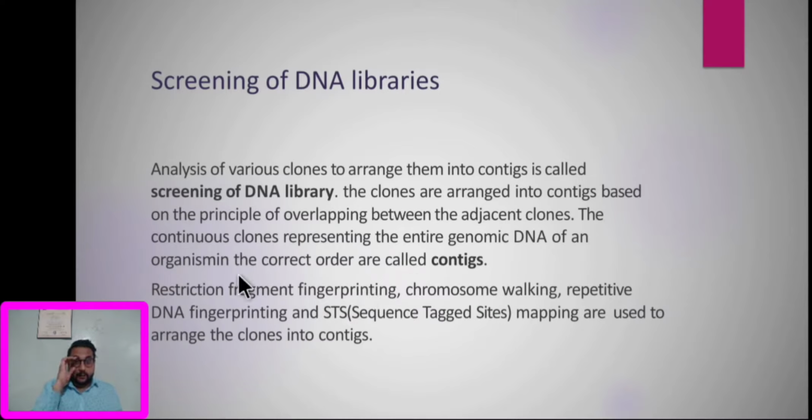The correct order of the genomic DNA is called contigs. Restriction fragment fingerprinting, chromosome walking, repetitive DNA fingerprinting, and STS, also called sequence tagged sites mapping, are used to arrange the clones into the specific sequence.